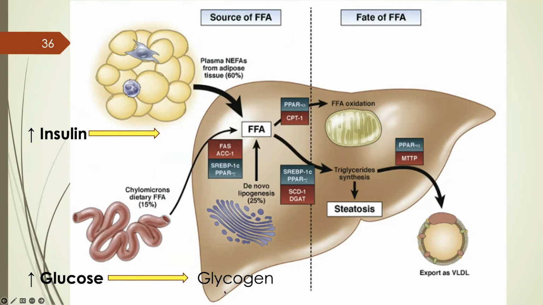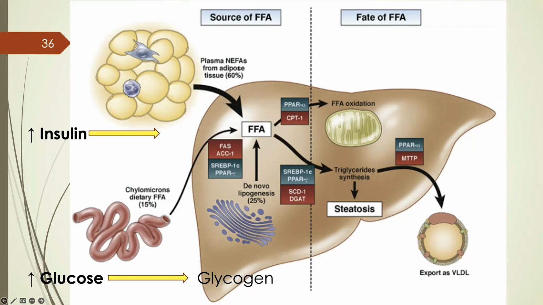Now, the glucose which comes into the liver can be stored as glycogen, or it can be converted into glycerol, which can again be used for the formation of free fatty acids, which can get converted into triglycerides. Insulin, which comes into the liver, leads to persistent release of free fatty acids into the circulation.